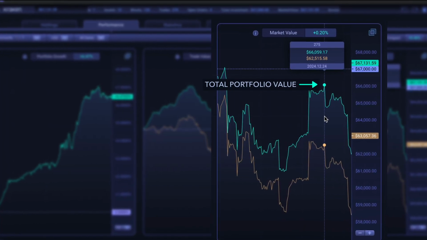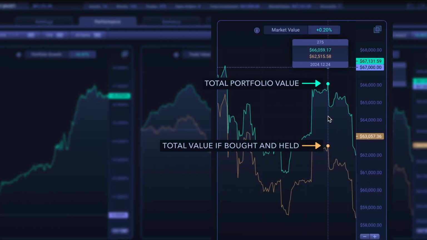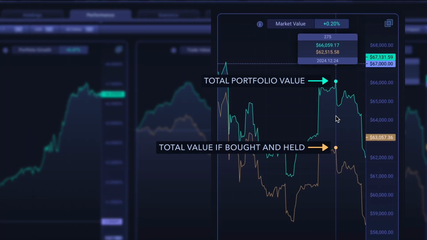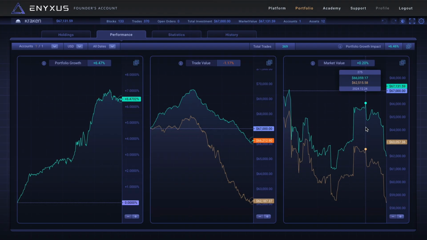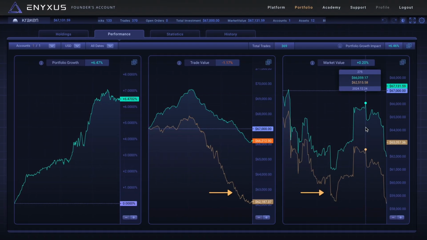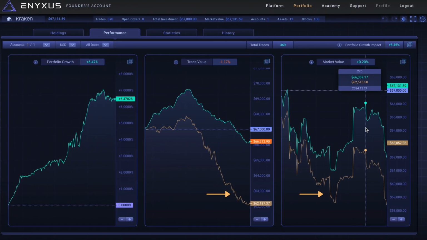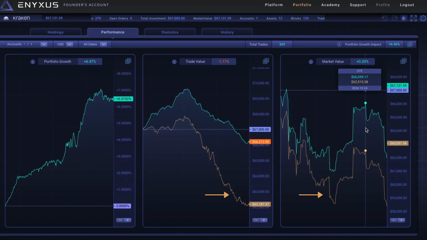It also compares this to the value of having simply bought and held the original quantities of each asset at their USD start values. In both graphs, the orange line reflects the overall market value of the original starting quantities of each asset, serving as a buy and hold benchmark for comparison.